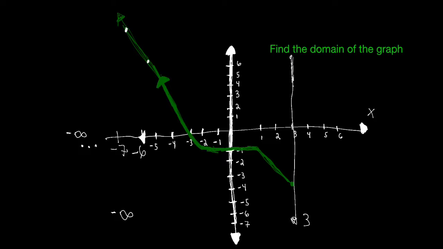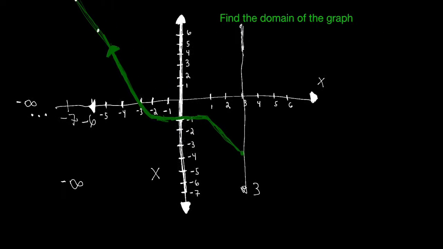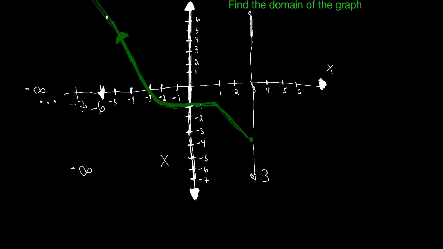So now for any general x, it's going to get squeezed between this +3 and -infinity to be precise. So let's write the domain. Domain is -infinity less than x, and then less than or equal to 3.